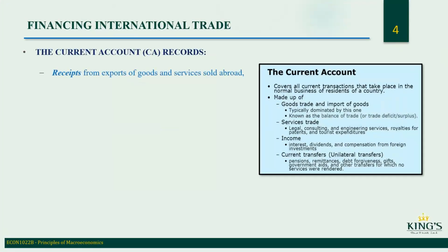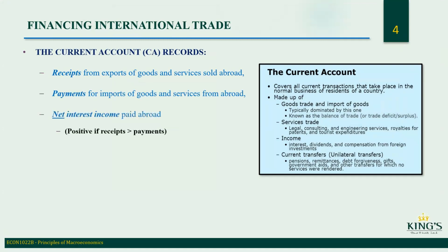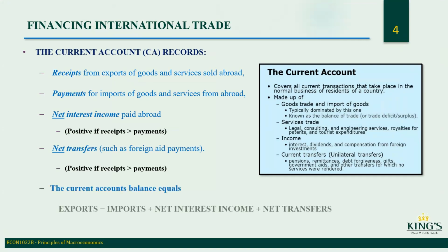The current account records receipts from exports of goods and services sold abroad, payments for imports of goods and services from abroad, and net interest income paid abroad; positive means receipts are greater than payments. Net transfers, such as foreign aid payments, work the same way. The current account balance equation is really all that's important for this topic: exports minus imports plus net interest income plus net transfers.